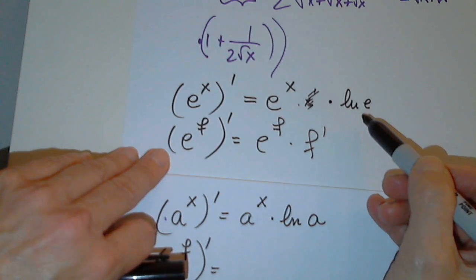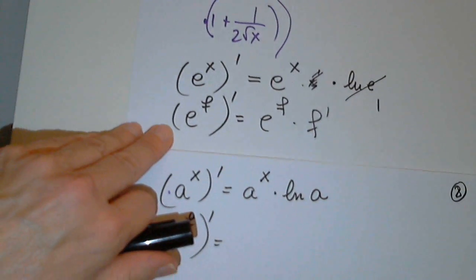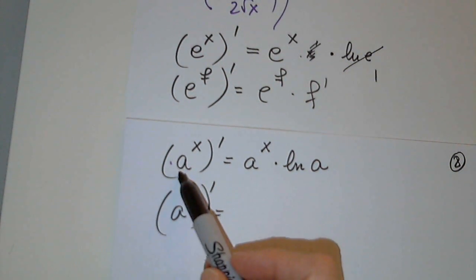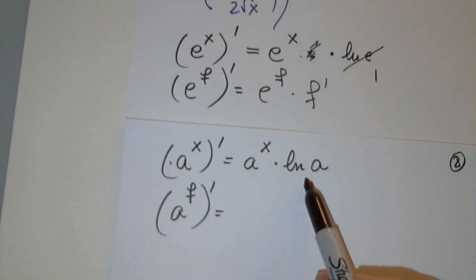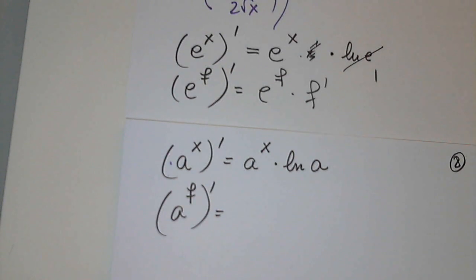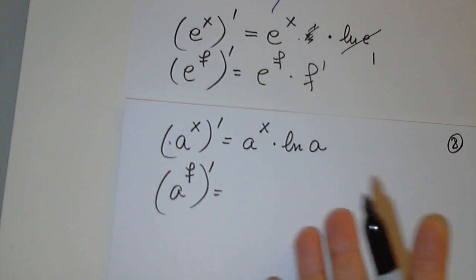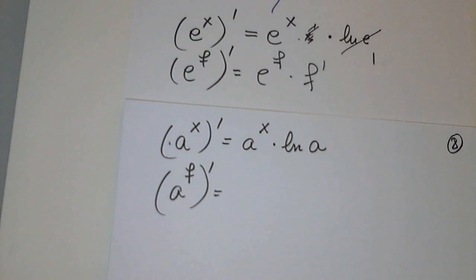Why didn't we write natural log e? Because it's 1. But as long as the base is not e, we have to multiply by natural log. We are changing the base from e to a. So therefore, the second one follows very easily, knowing that.